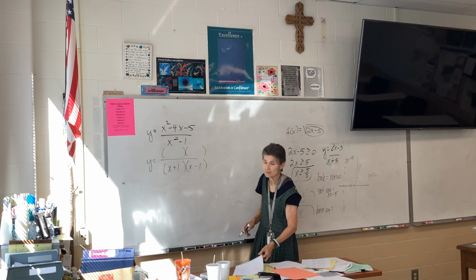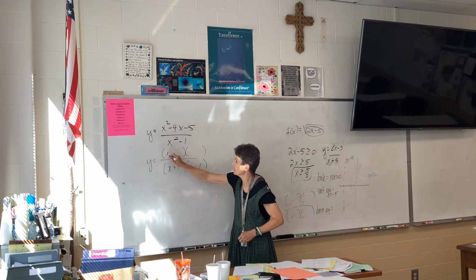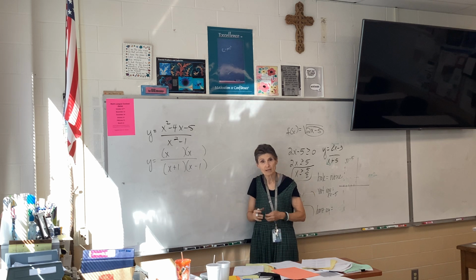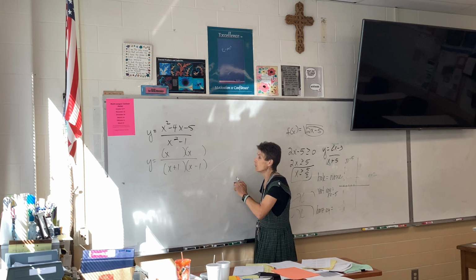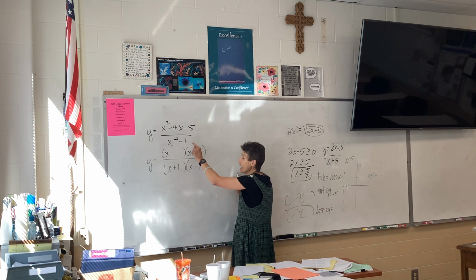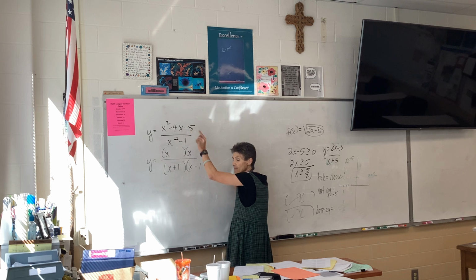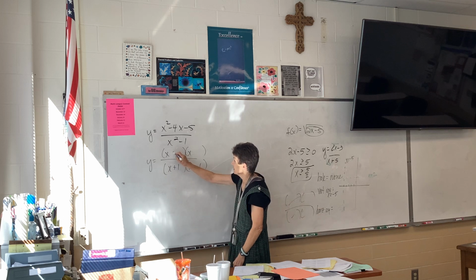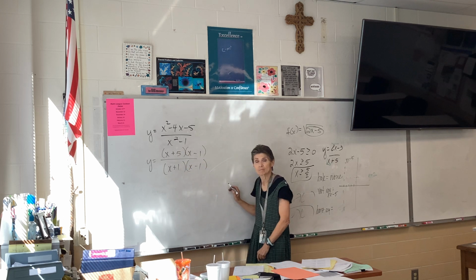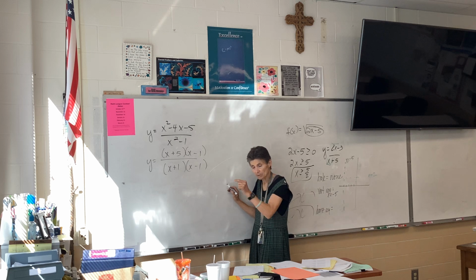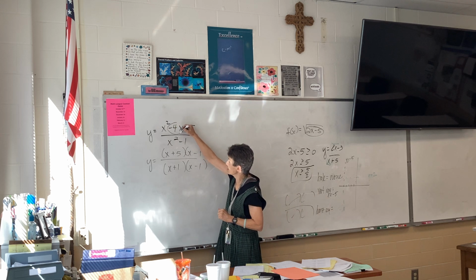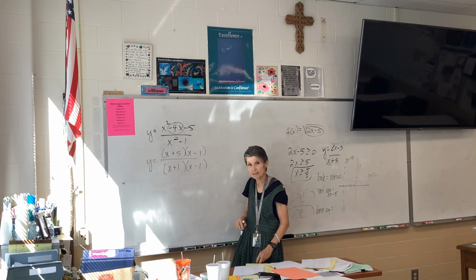Now the top, this is where we sometimes get confused. We don't need to get confused. We need to jump in and then check our answer. So I know that whatever I put here has to multiply to be -5. So I'm thinking 5 and -1. Now when I FOIL it, I'm focusing on, do I get -4 in the middle?